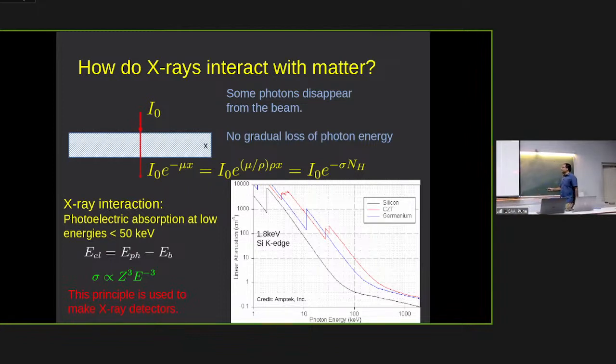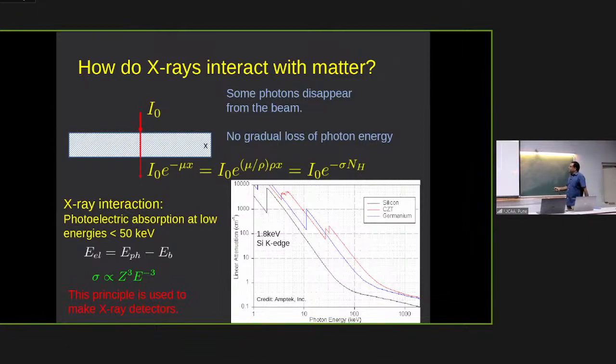So the intensity of X-ray after passing through this slab of thickness x is, if I0 is incident, I0 e to the power minus mu x. This is the intensity left over. And the mu here is the attenuation coefficient that you can relate with the absorption cross-section and the column density. The product of these two things, absorption cross-section times the column density, is essentially the optical depth. So if you have intensity I0 incident, then it is I0 e to the power minus tau, where tau is the optical depth. That is the intensity left over.